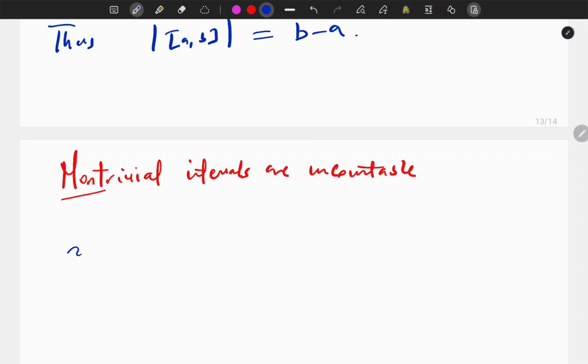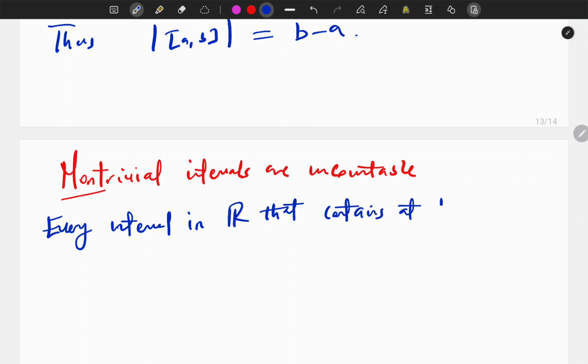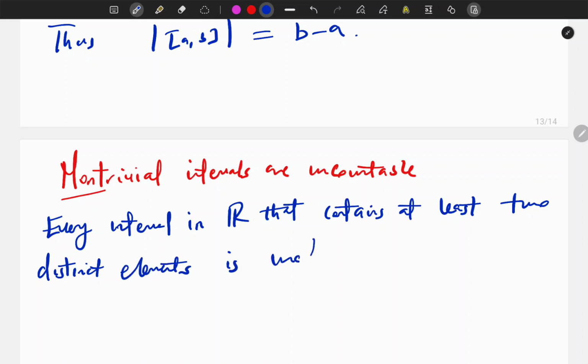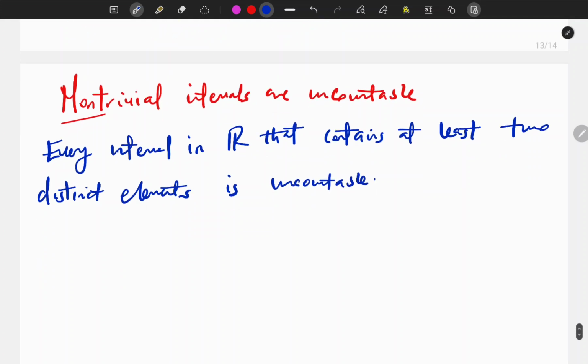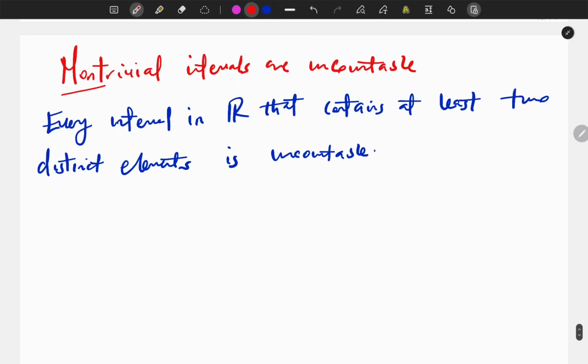That is, every interval in R that contains at least two distinct elements is uncountable. So we can just easily prove this.